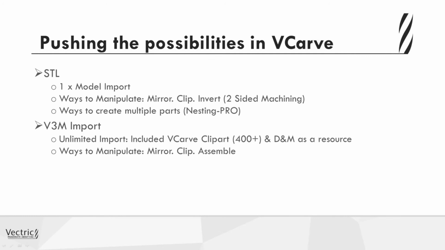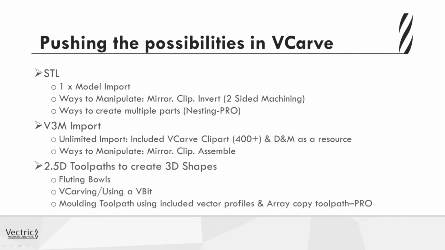And then lastly, you saw there how we can be very clever and use 2.5D toolpaths to create various 3D shapes. So we looked at using the fluting and the moulding toolpath to create the bowl, V-carving a weave shape, and then the moulding toolpath to include the 3D that we created earlier. So it's a combination of all three.